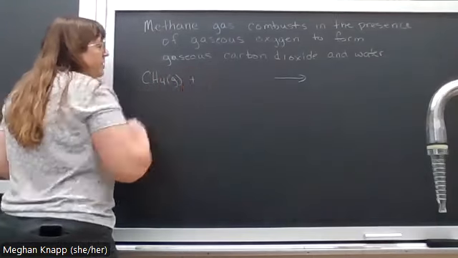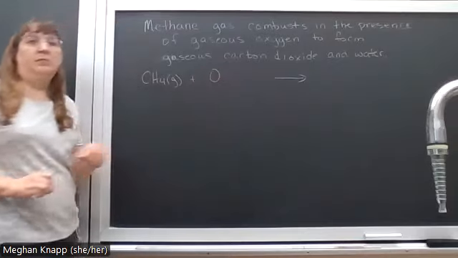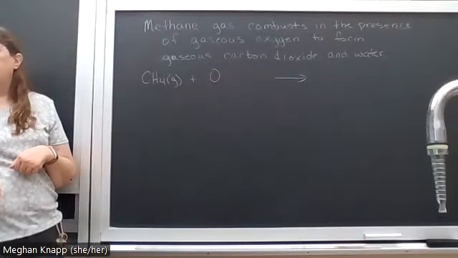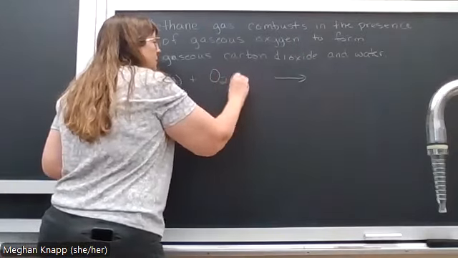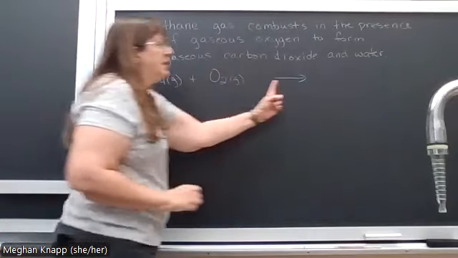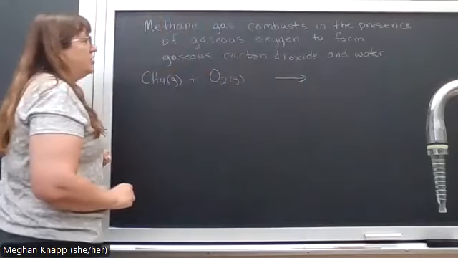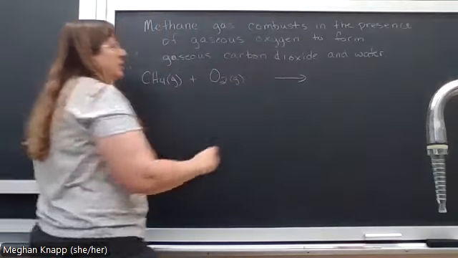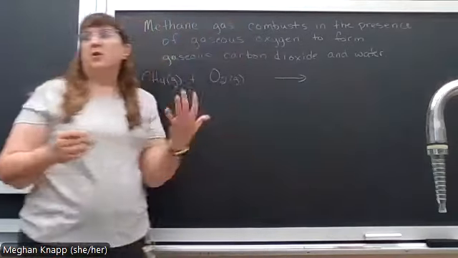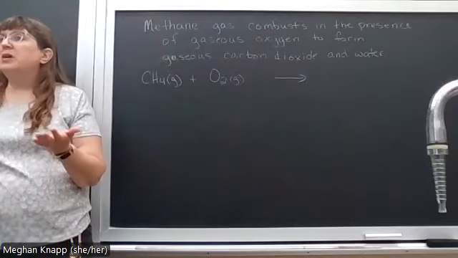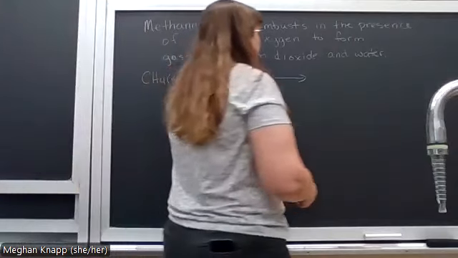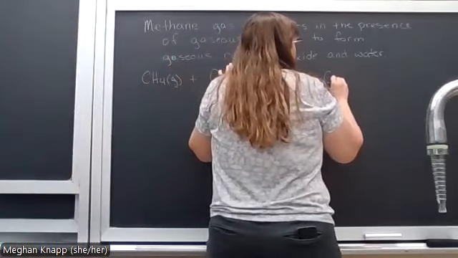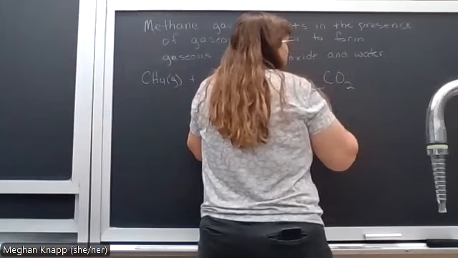And it is in the presence of oxygen, but oxygen's one of my diatomics, so I put O2. And this is the combusts part, that's the reaction, to form carbon dioxide. Now this isn't one that I said you had to memorize, but we should be able to get some of these just from their names. Without a prefix, that just means it's one carbon, and then dioxide means there are 2 oxygens.